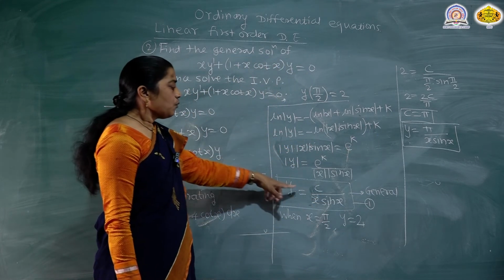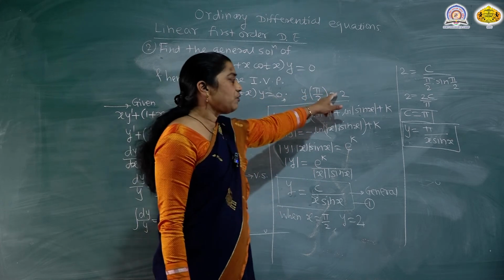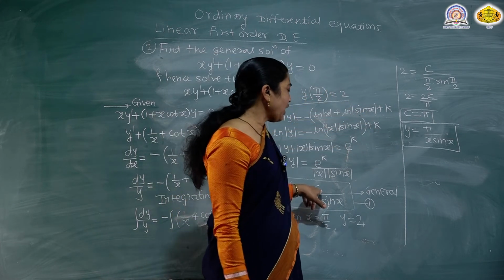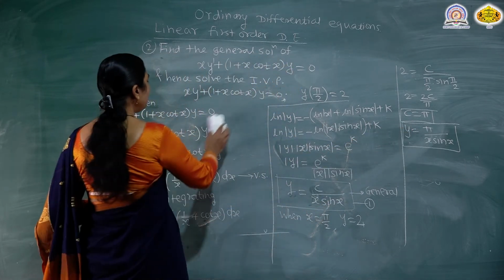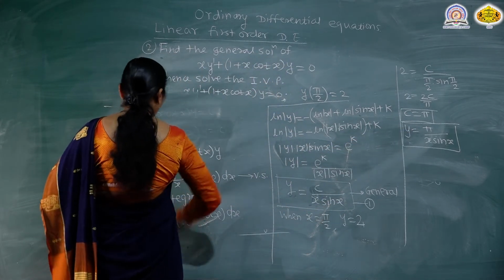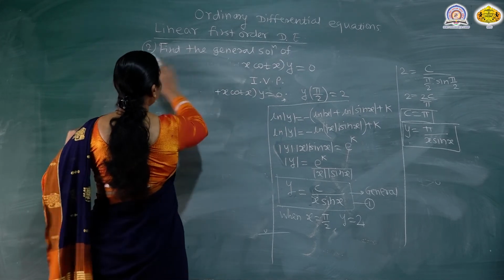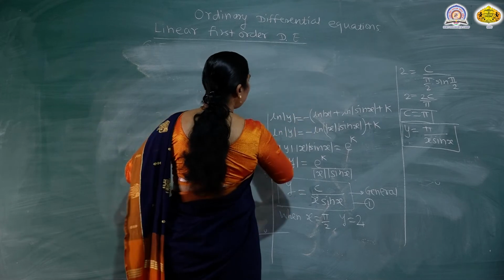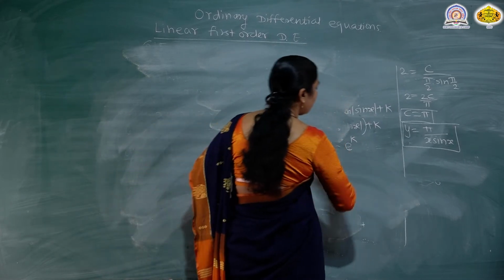So, once we get the general solution, substituting the initial values, we are able to find the value of c and that gives the solution of the initial value problem. Observe that both these examples are special cases of one theorem. So, we are going to see the theorem.